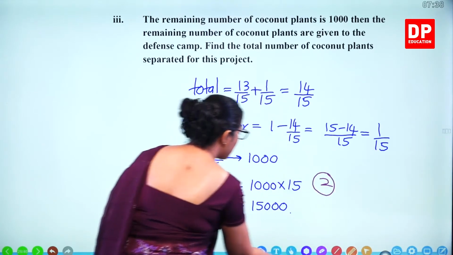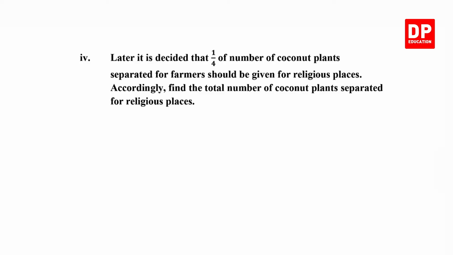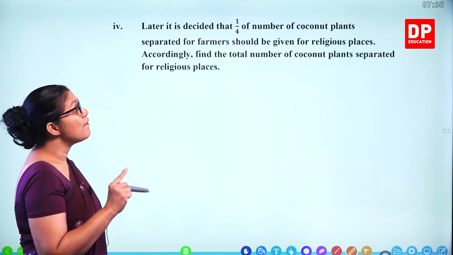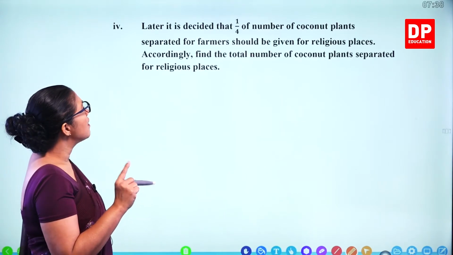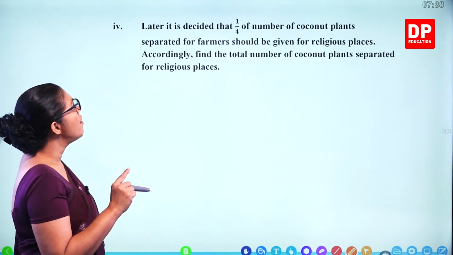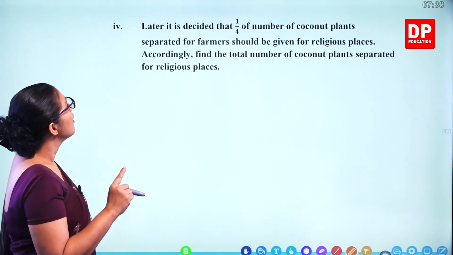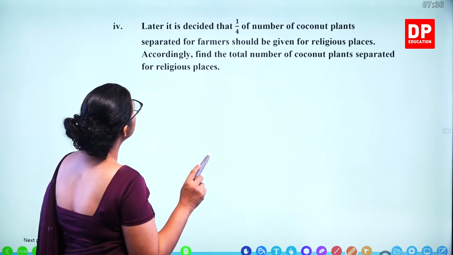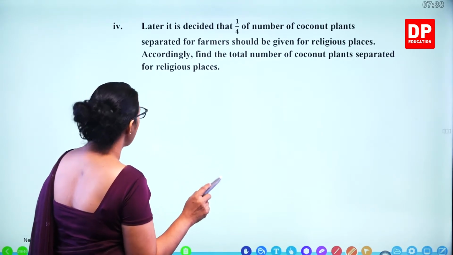And another part is there. Later it is decided that 1/4 of number of coconut plants separated for farmers should be given for religious places. Accordingly, find the total number of coconut plants separated for religious places. So later it is decided 1/4 of number of coconut plants separated for farmers.